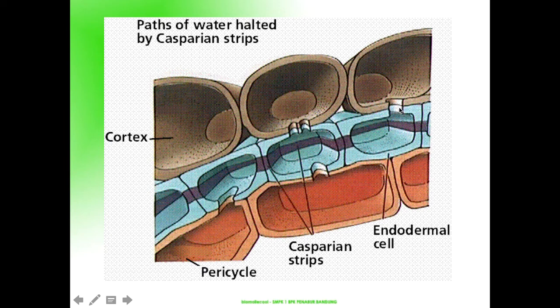The movement of water from cell to cell is called the symplastic pathway, and the movement of water through the intercellular spaces is called the apoplastic pathway. So once the water arrives at this point, the endodermis, there will be no more apoplastic pathway. There should be only symplastic pathway.